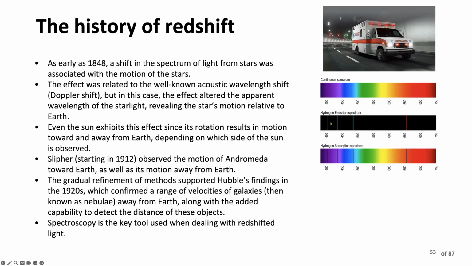So here's hydrogen emission. If you heat up a container, a cylinder of hydrogen, you see these emission lines. If you use a light source and put cold hydrogen in front of it, then you see the hydrogen absorbing at exactly these frequencies, or these wavelengths, or colors.